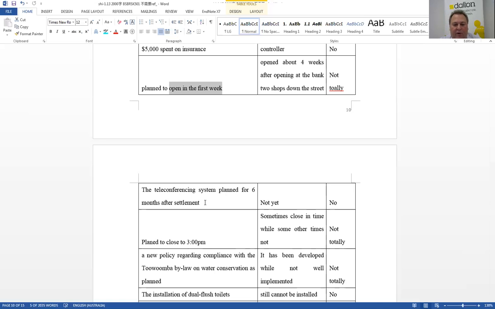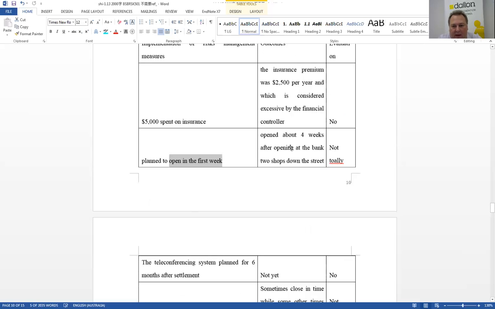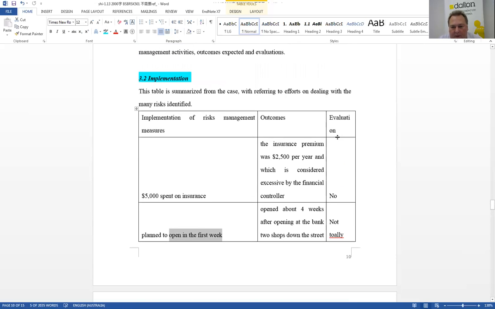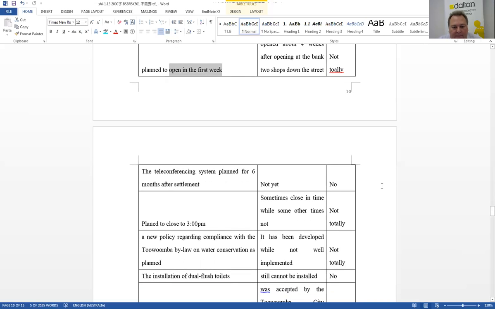It was a 2-hour commute, and there was concern senior staff or management were unable to meet at different locations. So here, the teleconferencing system planned for 6 months after settlement. Outcomes, it's not yet done. And evaluation, no. And plan to close at 3 p.m. and so on and so forth.